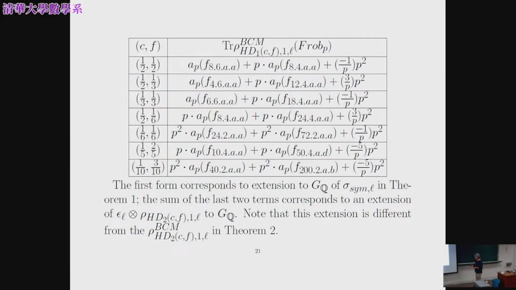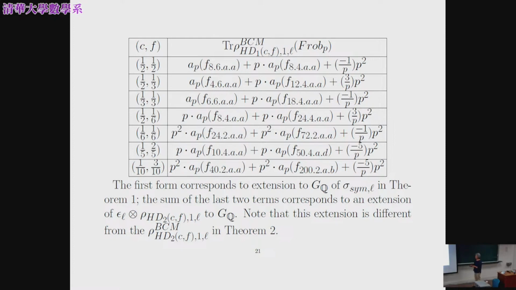So here is the precise answer. As you can see, the first piece here is the piece corresponding to what we call the extra piece, sigma sim.